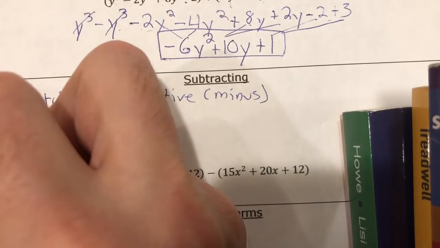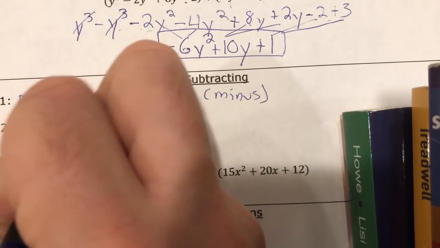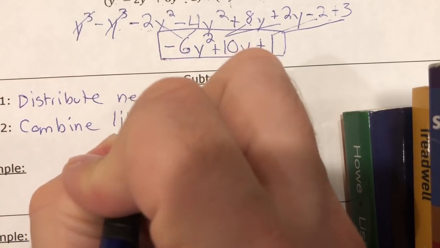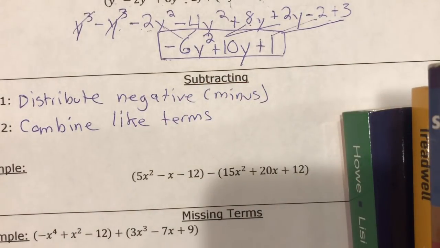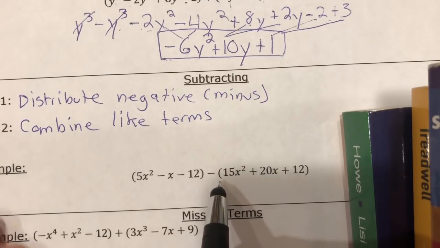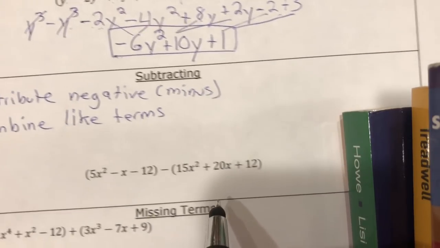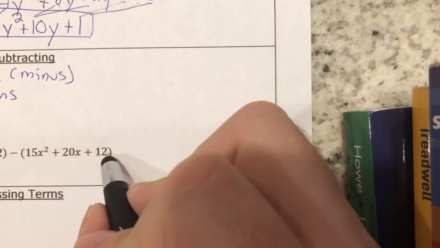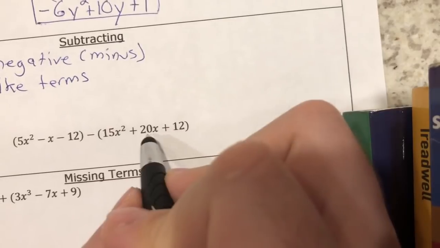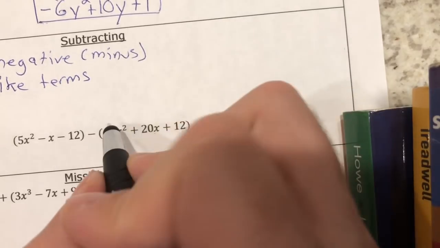Step 2, collect and combine like terms. So, kind of don't have a lot of room below it. So off to the right, I'm going to write the second set of parentheses. Or actually, we could do it right.